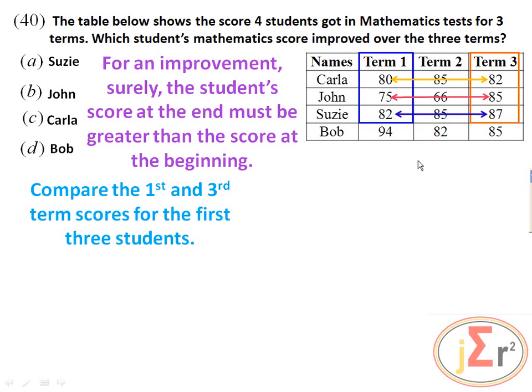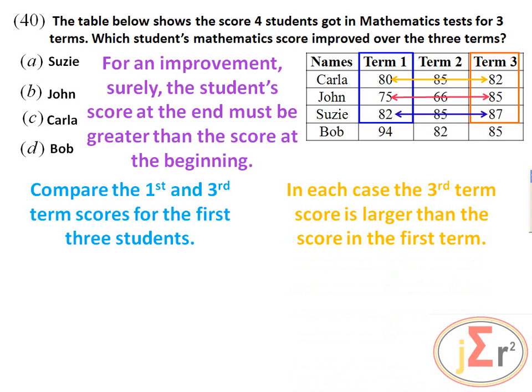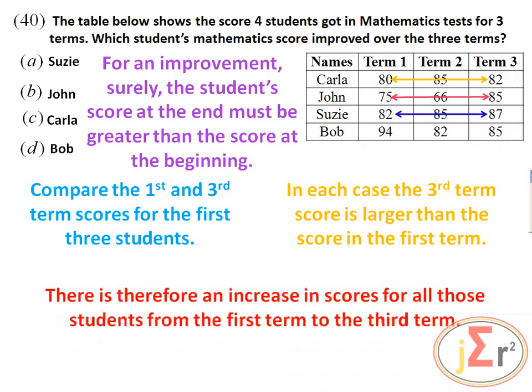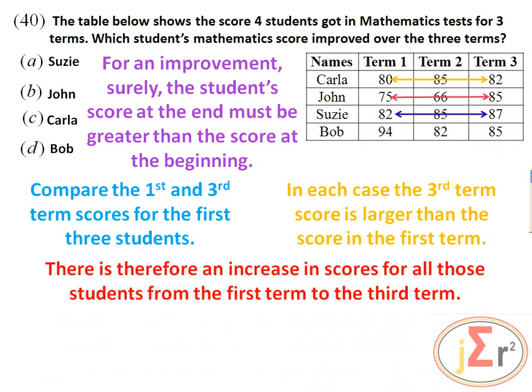So we have a general improvement from term 1 to term 3. In each case, the third term score is larger than the score in the first term. There is therefore an increase in scores for all those students from the first term to the third term.